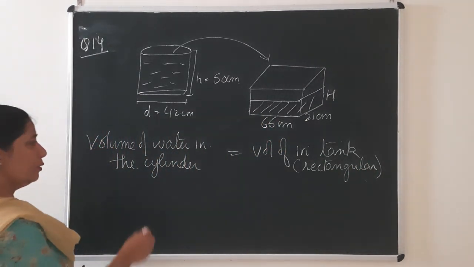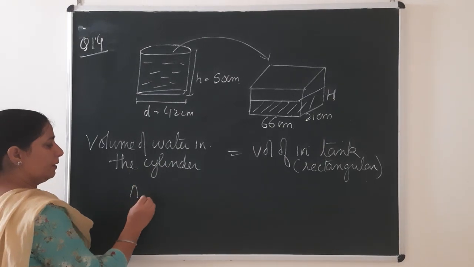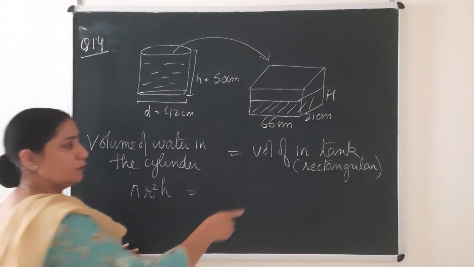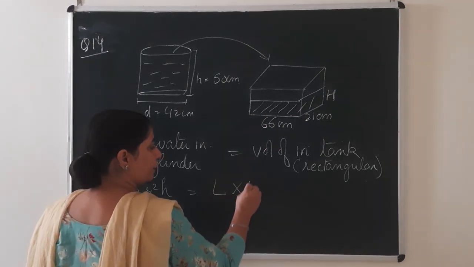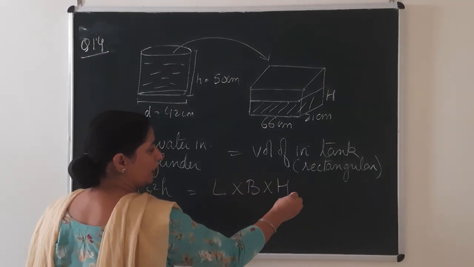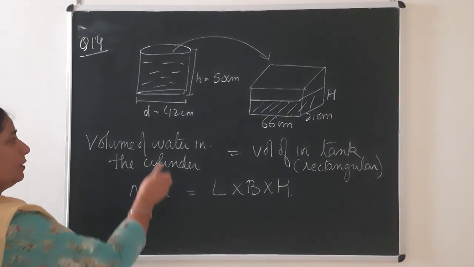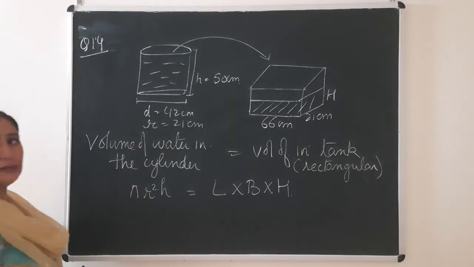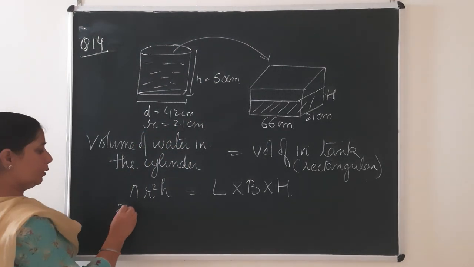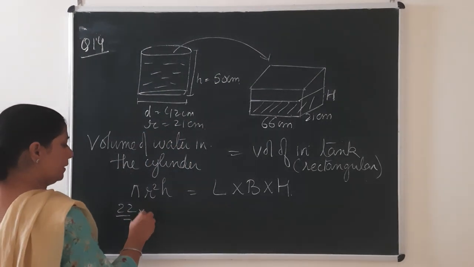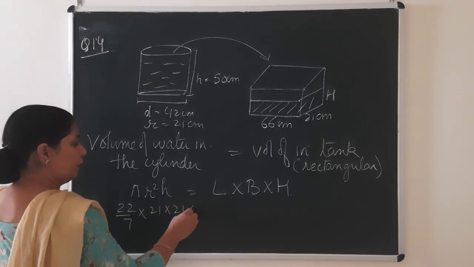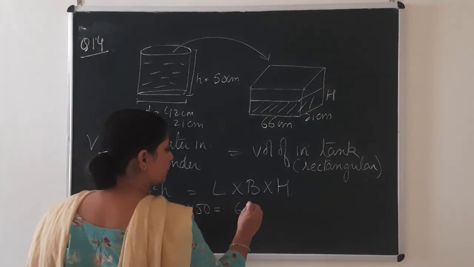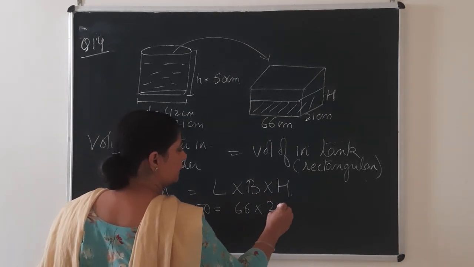When you say volume of the water in the cylinder, the formula will be pi r square h, and the volume of the water in the rectangular tank will be length into breadth into height. Now, if d is equal to 42, obviously r will be half, 42 by 2, which is equal to 21. If you put the values, 22 by 7 multiplied by 21 multiplied by 21 multiplied by 50 will be equal to length, which is 66, multiplied by breadth, which is 21, multiplied by h.